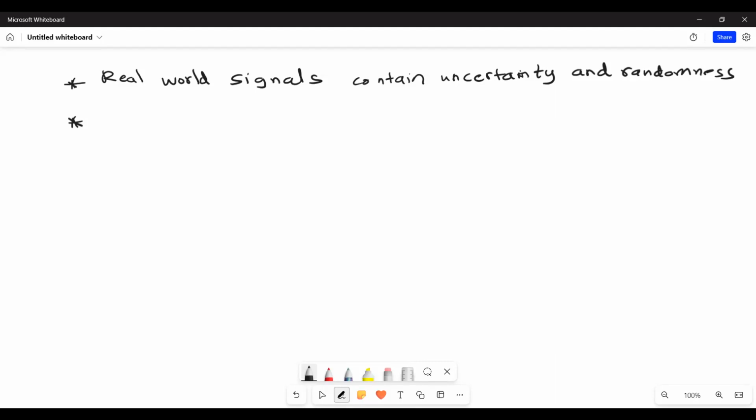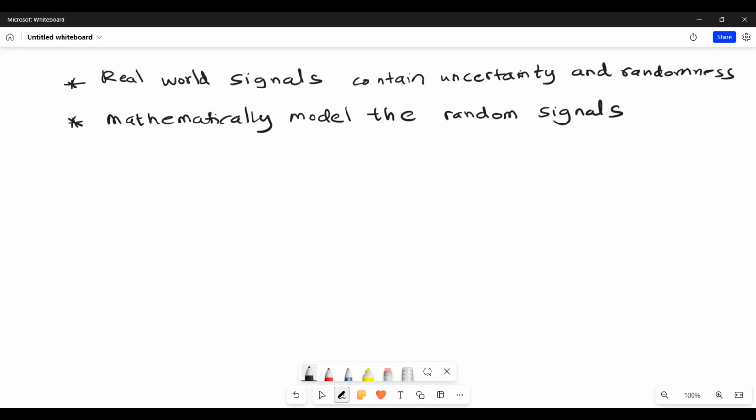So in order for us to understand the random signals, we have to mathematically model the random signals, the random signals that we observe in the real world, to study them and study their behavior, and obtain information.